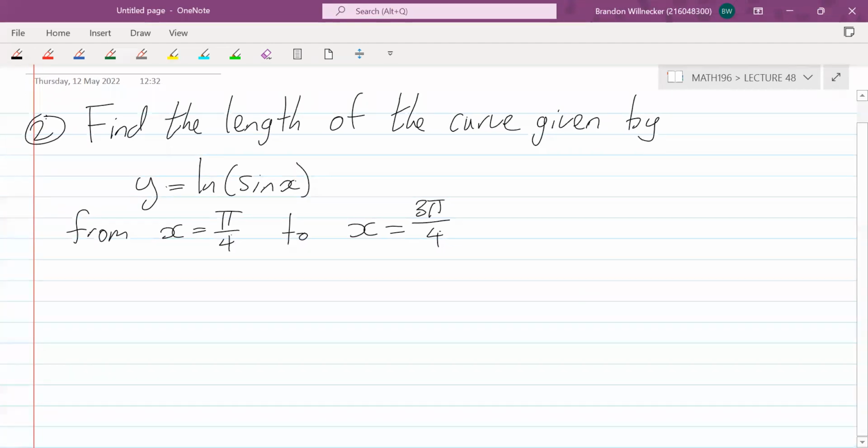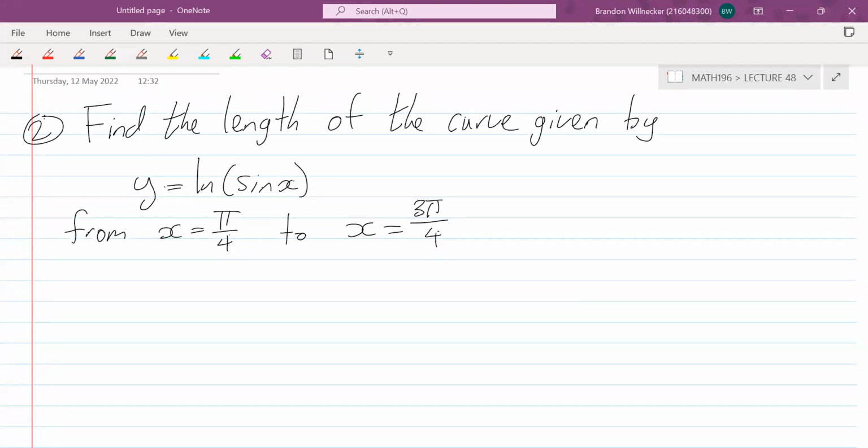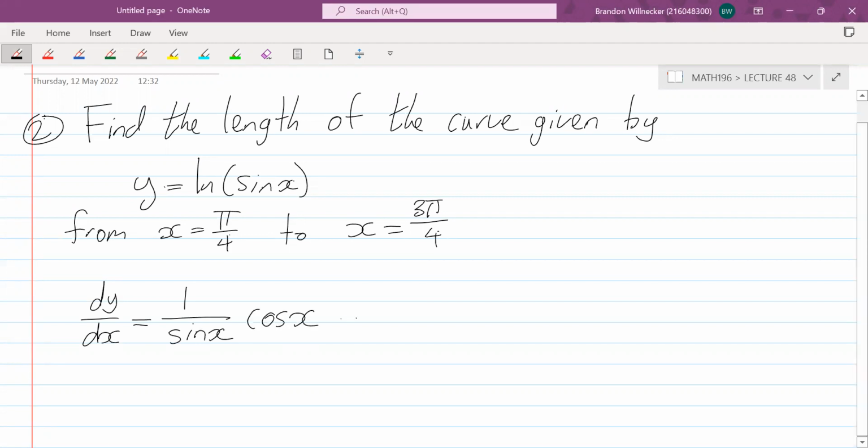So in this case, we're given y as a function of x, so we need to find dy by dx. So dy by dx is going to be, the derivative of the natural log is 1 over whatever's inside. So it's going to be 1 over sine x. But then by the chain rule, we need to multiply by the derivative of sine x. So we multiply by cos x.